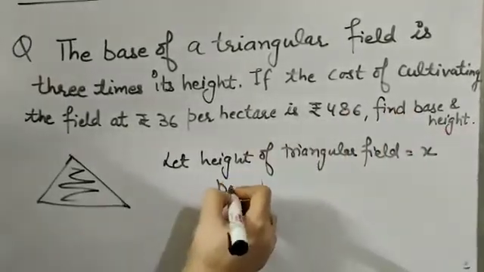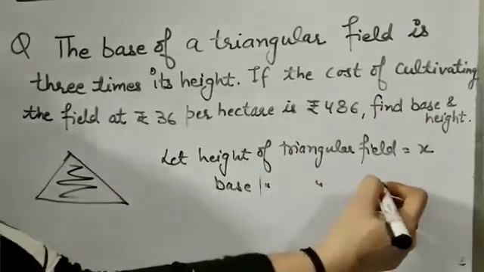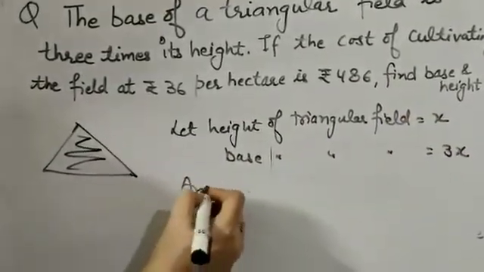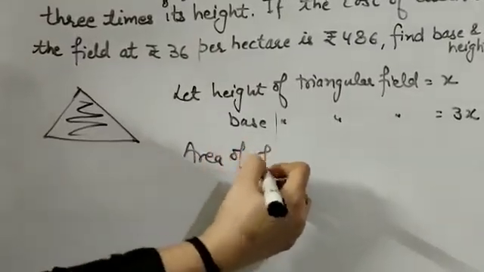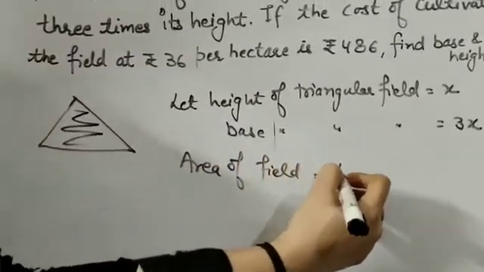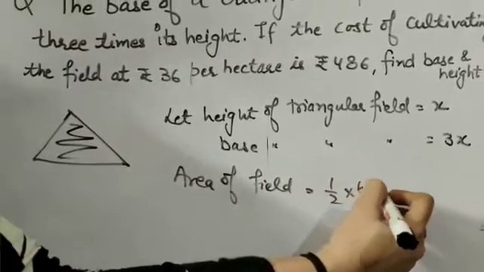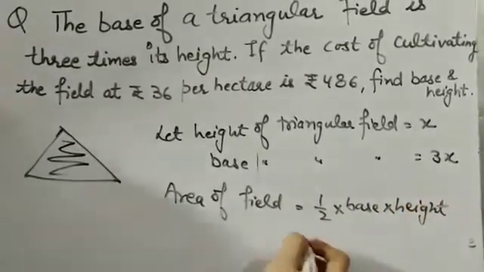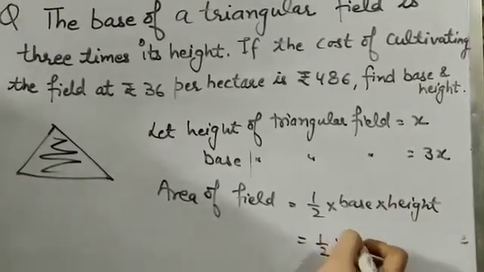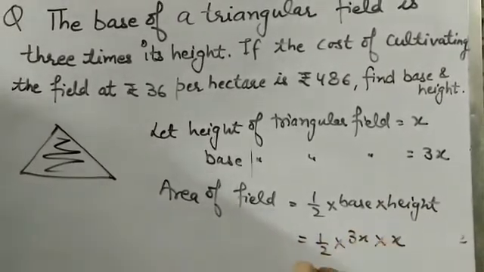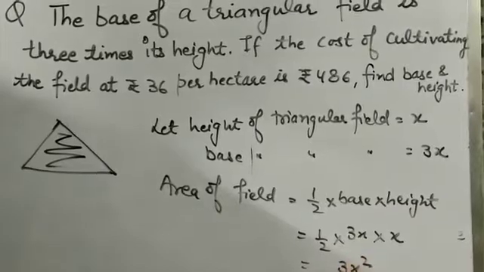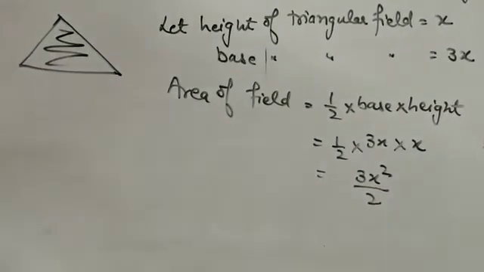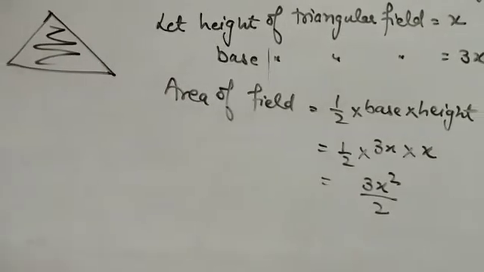If height is x, then base will be 3 times, that is 3x. And we know that the area of the triangular field is half into base into height. Half into base 3x into x, that is 3x square by 2. This is the area of this triangular field.